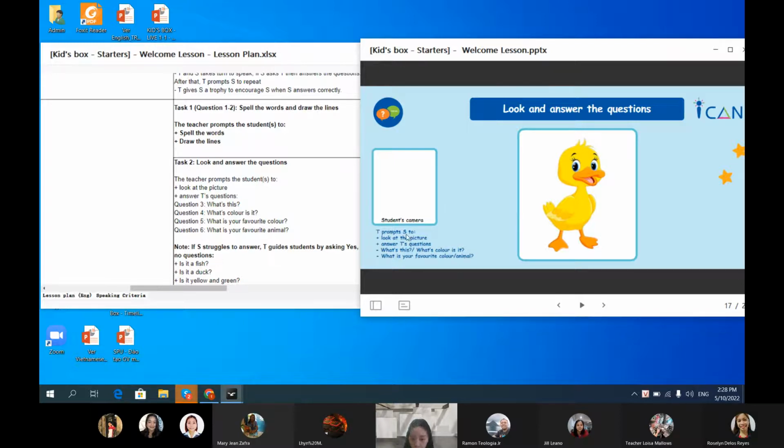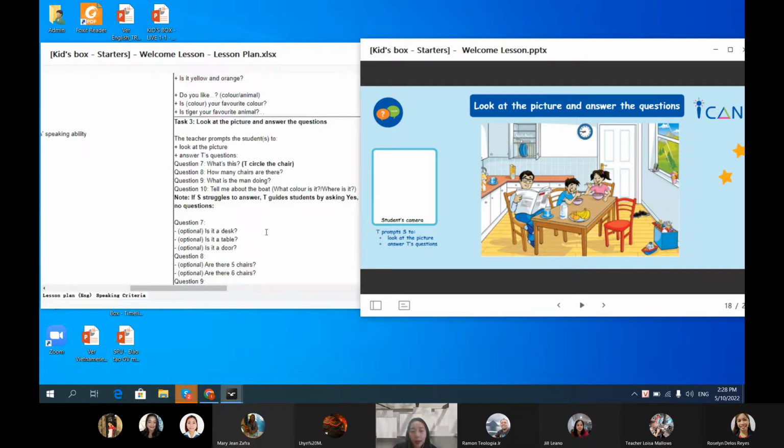The teacher asks the student to look at the picture and answer the teacher's questions, like what is this, what color is this, what is your favorite color and animal. This is just a suggestion in case you cannot remember everything. You just need to look at these blue lines and you will remember everything. Okay.